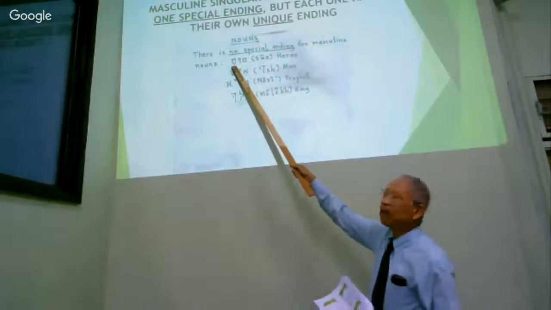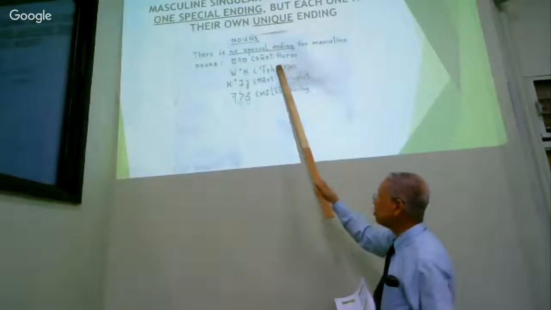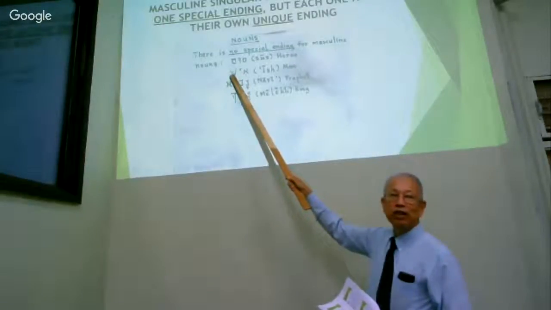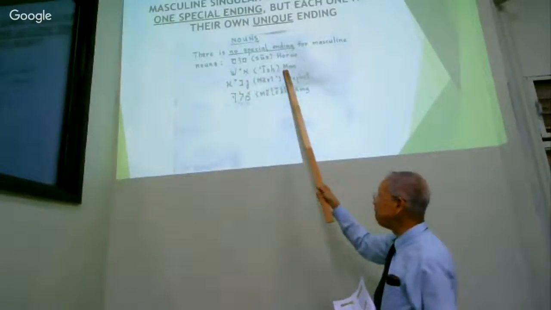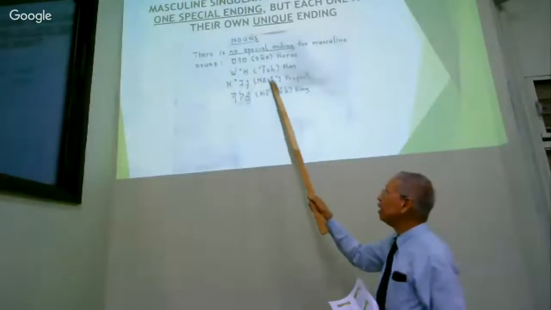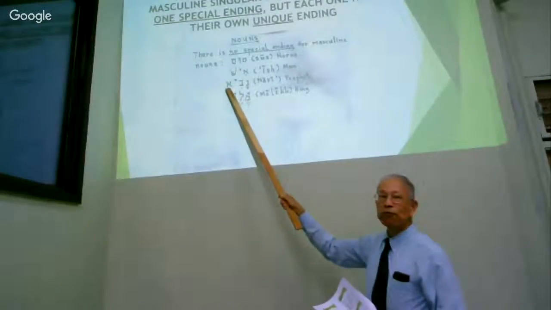Sus ends in samek. Sus means horse. Ish ends in shin. Ish means man. Navi means prophet. Navi ends in aleph.